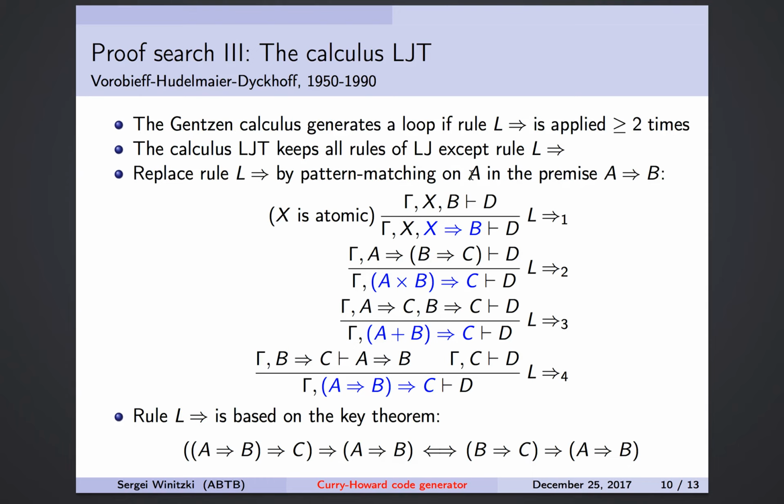And these 4 rules are basically doing a pattern match on this left premise A to B. This left premise could be an atom, or a primitive type implication going to B, or it could be a conjunction going to something, or it could be a disjunction going to something, or it could be an implication going to something.